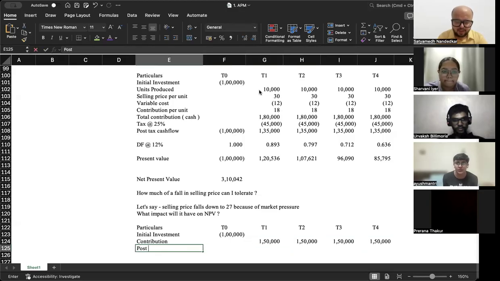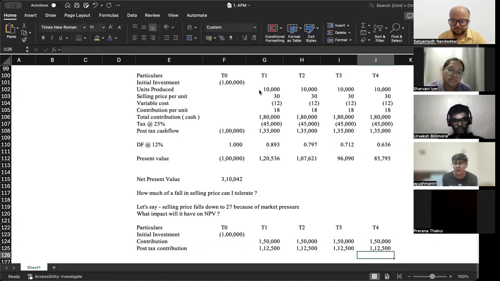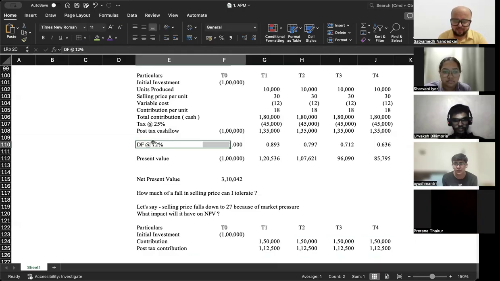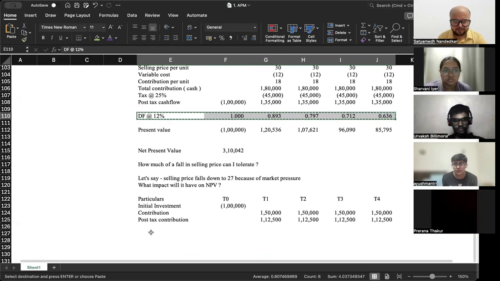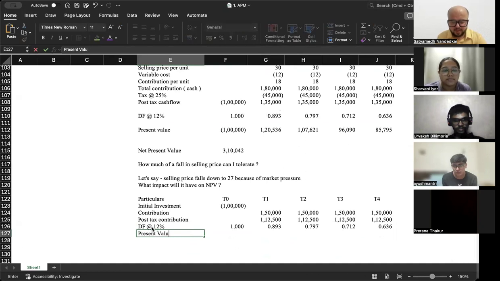What will be post-tax contribution? This into 75%. I already have my discounting factors in place. What is my present value?